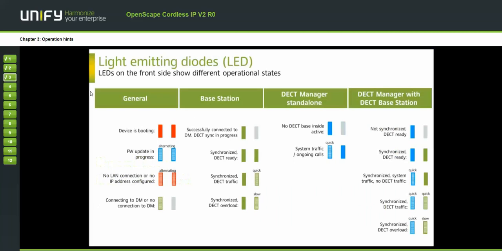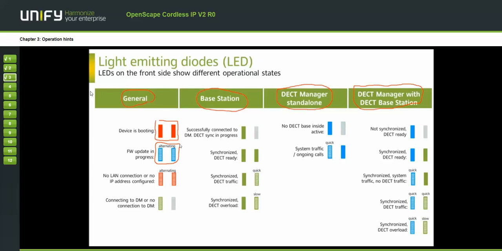box, and connecting to the DECT Manager with not yet having a DECT Manager connection established means that the left LED is blinking in green. And for the base stations, once the base station has connected to the DECT system, then the right LED becomes solid green.